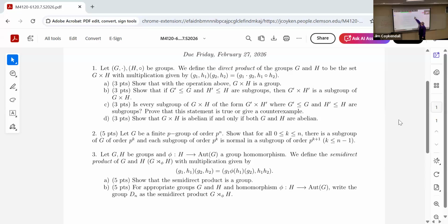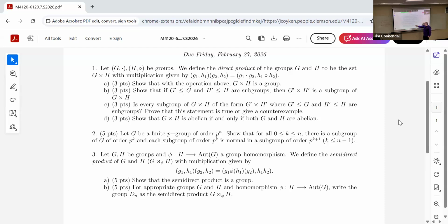In the direct product, you just do what you do in these two coordinates. This has a little twist on it because when you multiply these two things, H1, H2 is just the way it was up here, but the first coordinate is G1 phi of H1 G2. Now remember, phi of H1 is an automorphism of G, so this does a little twist to G2.